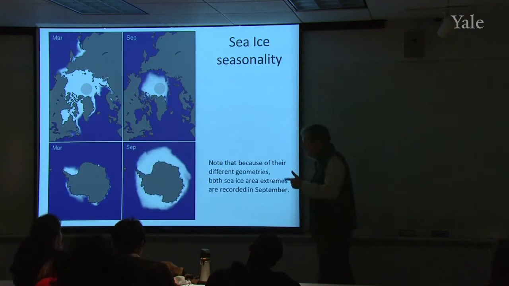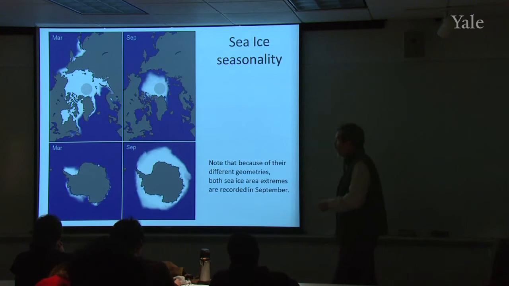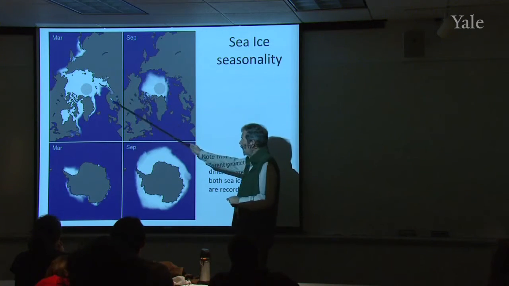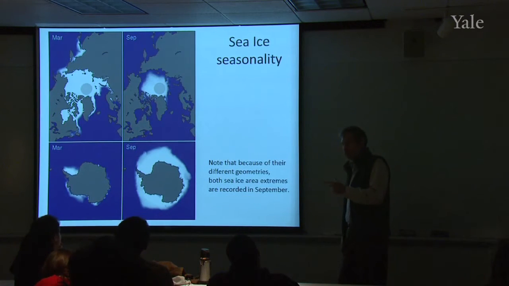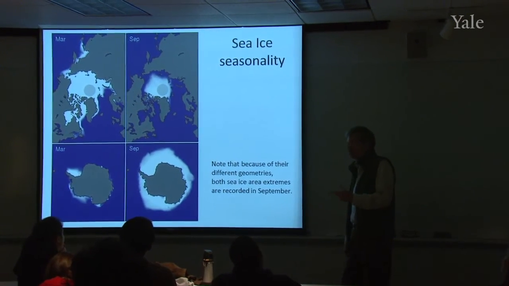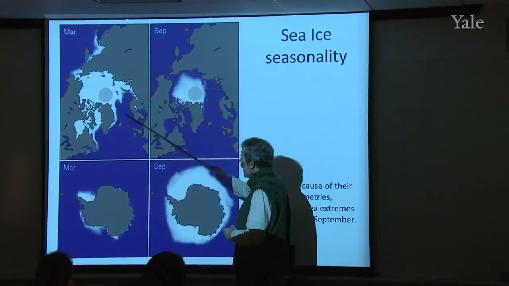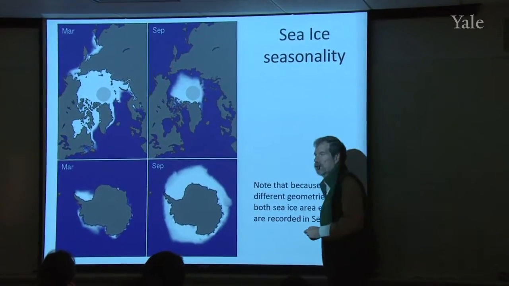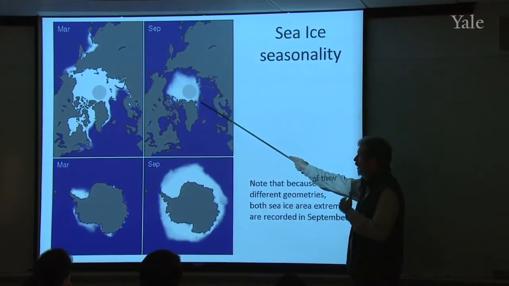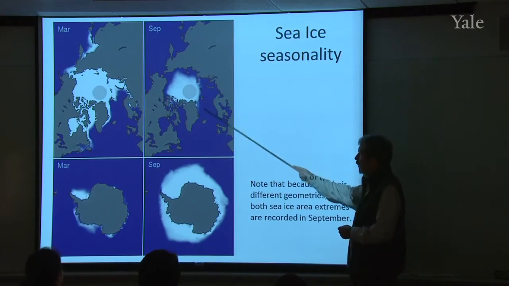So if you're going to monitor this sea ice year by year, the way it's typically done in the Northern Hemisphere is to monitor the minimum sea ice, which is in September. Maximum wouldn't make much sense because you're not going to fill that in with ice, and you've already taken it shore to shore in the Arctic Ocean. So the way you monitor interannual variations or trends is to keep track of the minimum.